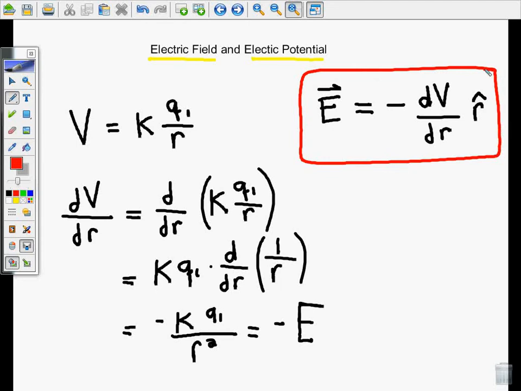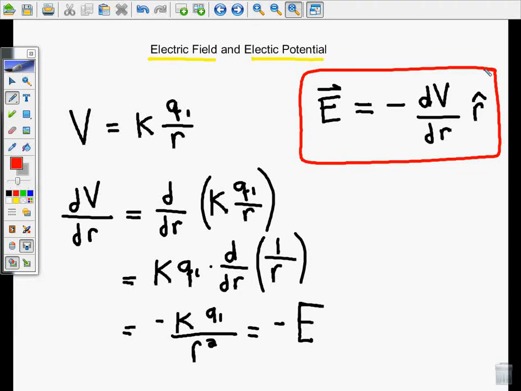Is the negative necessary if you have the R hat, or if you have the unit vector view? Is the negative really necessary because it changes direction anyway? The unit vectors would choose the direction, the negative is redundant. They're the same direction though, aren't they?